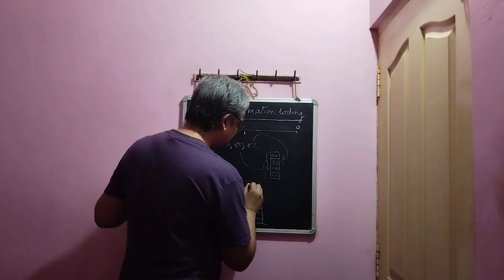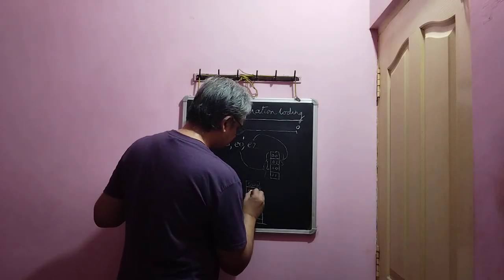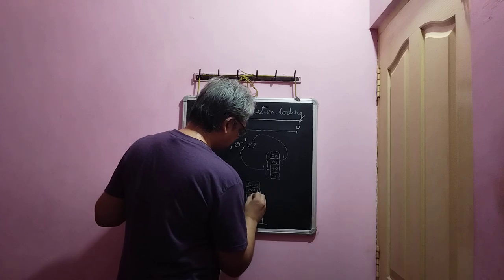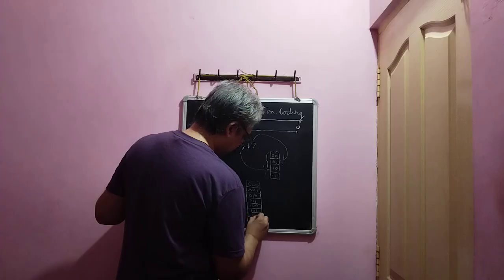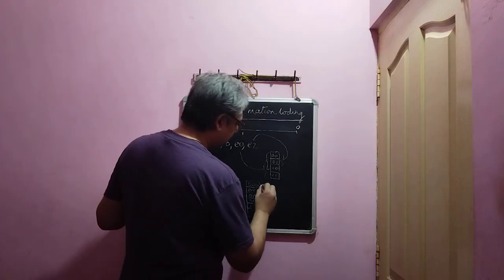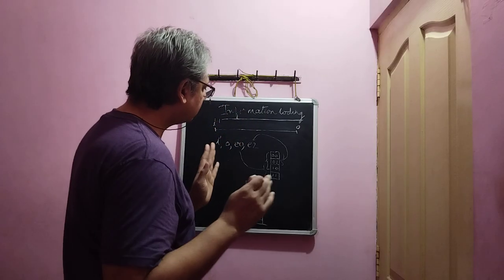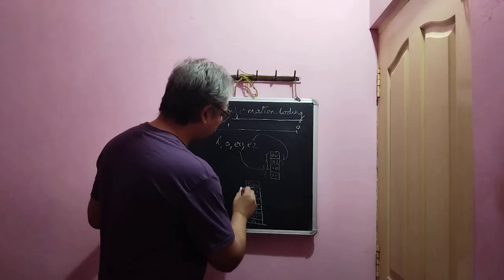So you will have 000, 001, 010, 011, 100, 101, 110, and 111. Right? Then you will take a table. Out of this you will keep only 7.